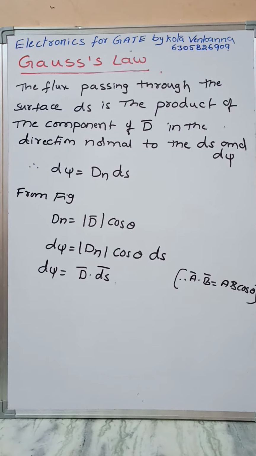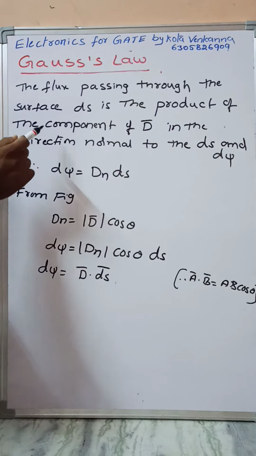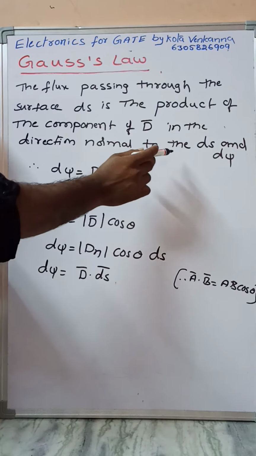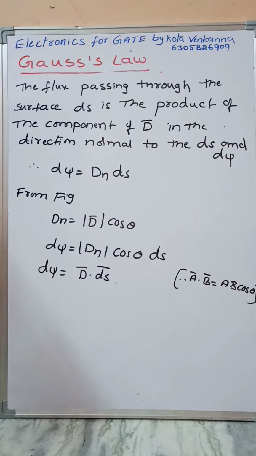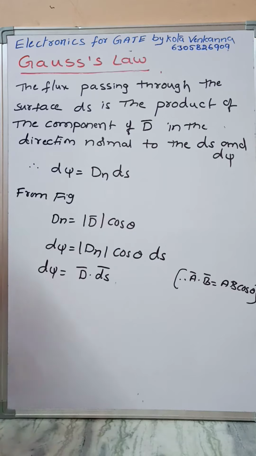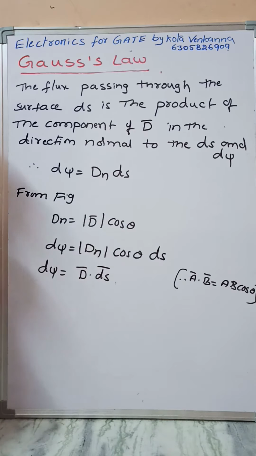The flux passing through the surface ds is the product of the component of D in the direction normal to ds, and ds. From the figure, d psi is equal to Dn ds, where Dn is written as modulus of D cos theta.